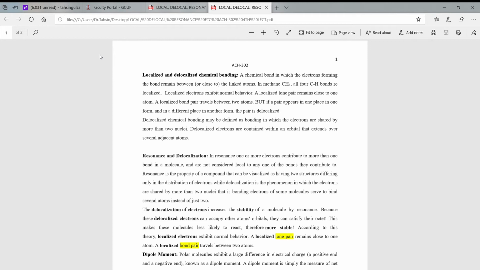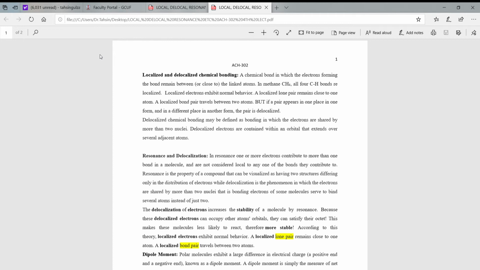What is dipole moment? When polar molecules are observed, they have a property of dipole moment. Actually, polar molecules exhibit a large difference in electrical charge. As chloro group belongs to halogens, halogens are electronegative elements.